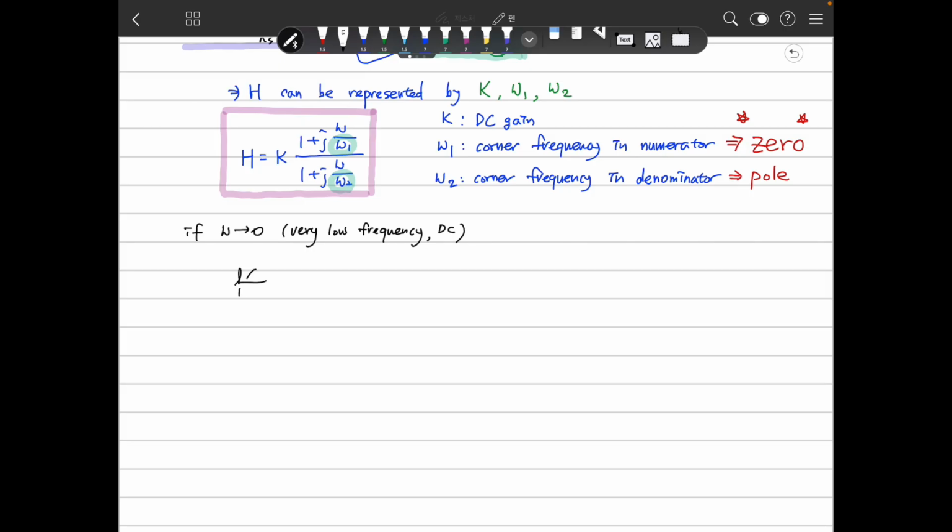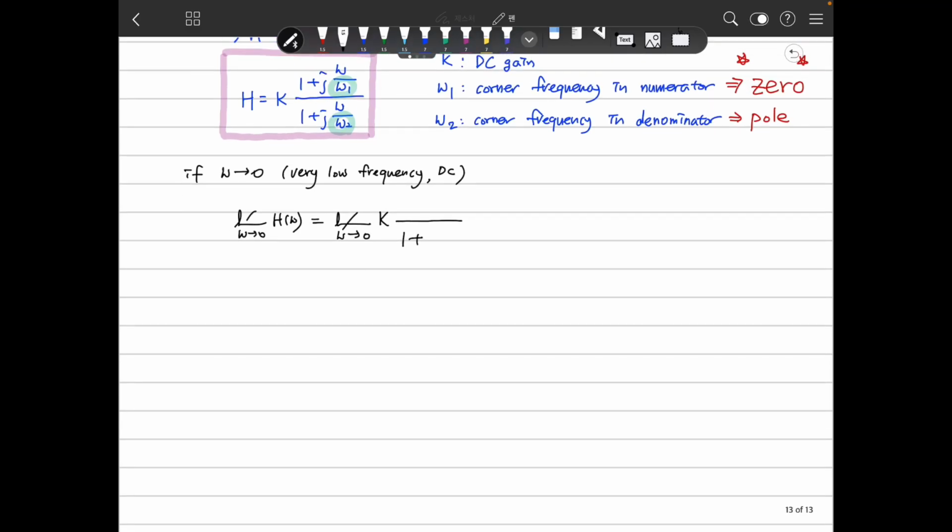Then when omega goes to 0, H(omega) is K times (1 plus j omega over omega 2) over (1 plus j omega over omega 1), which goes to K. Therefore, we call K the low frequency gain, or another name is the DC gain.